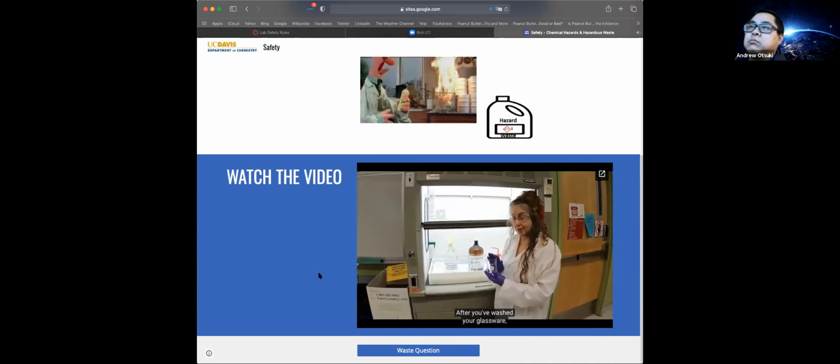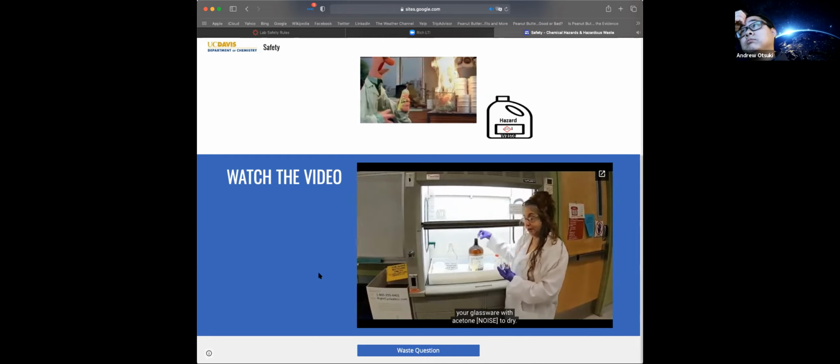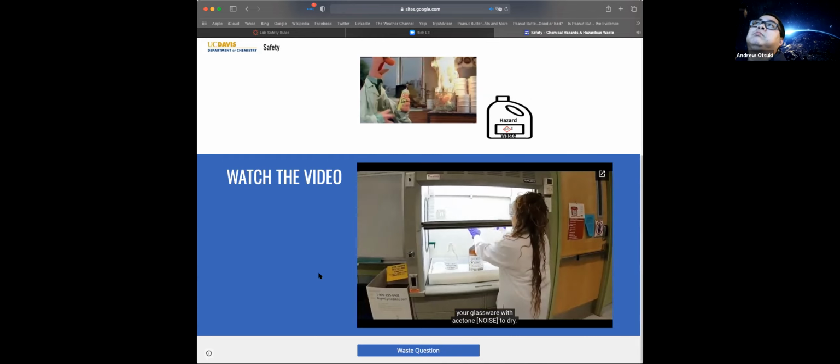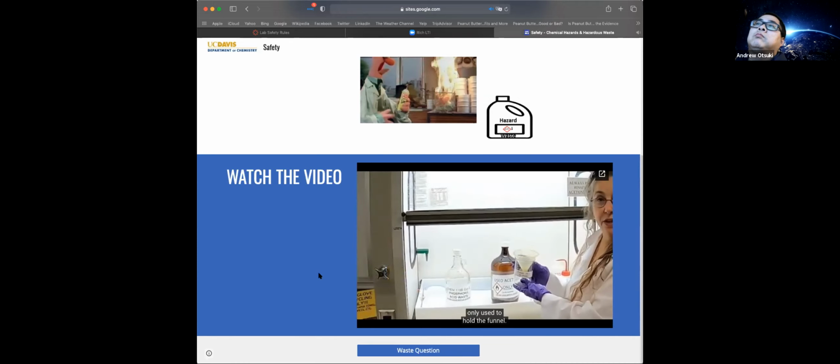After you've washed your glassware, you can rinse your glassware with acetone to dry. Always be sure to cap the bottles when they are not in use. This beaker is only used to hold the funnel. No waste should be in this beaker at any time.